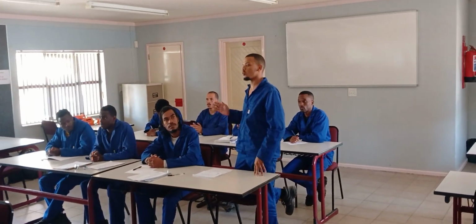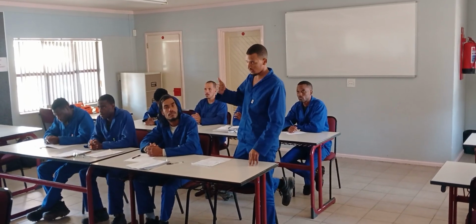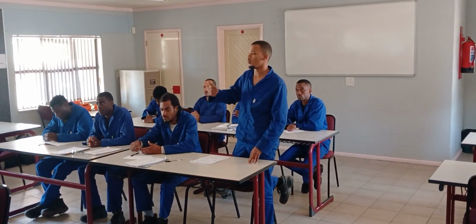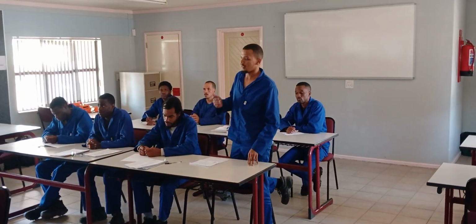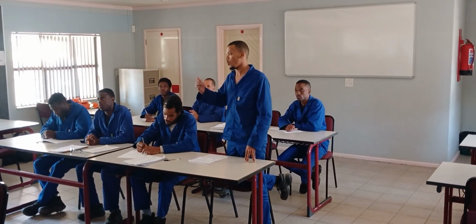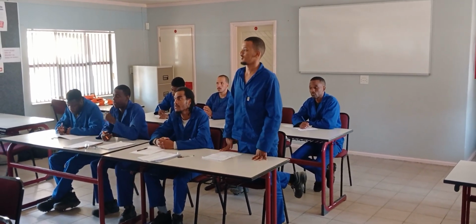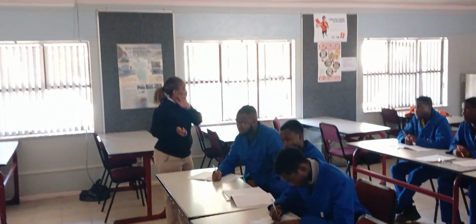It shows a warning to cars behind you that you are coming to a stop or slowing down. It's a communication to tell your fellow drivers that you are slowing down for a speed hump, a stop, a cul-de-sac or a traffic light. Thank you so much. Yes, you are correct.